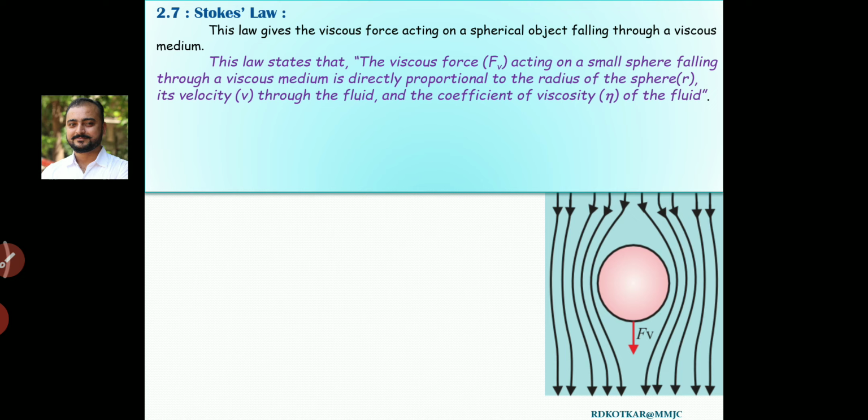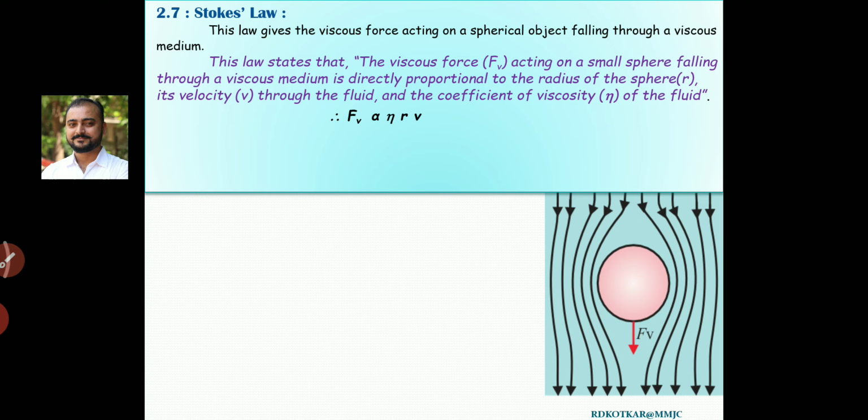According to Stokes law, the viscous force is directly proportional to the coefficient of viscosity, to the radius of the spherical body, and to the velocity of the spherical body inside the fluid.